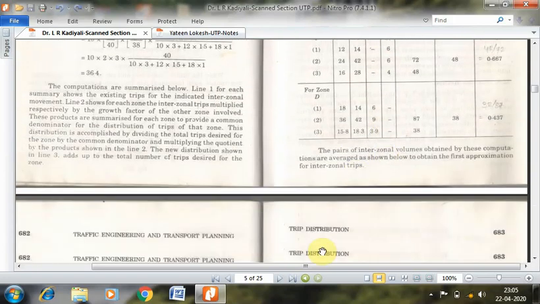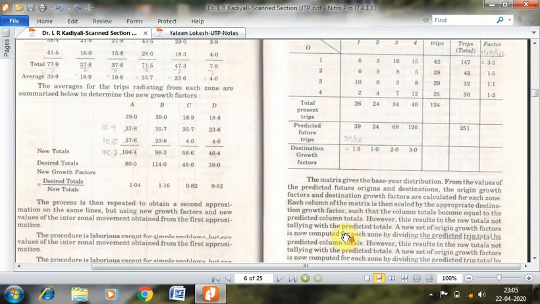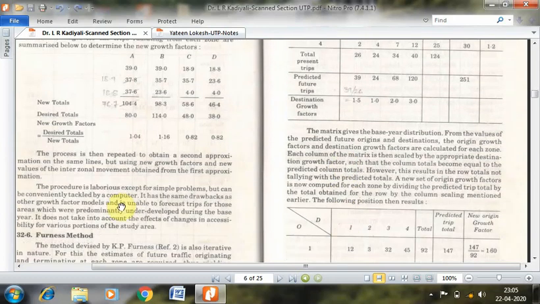Okay, so that's what you need to keep in your mind. So the procedure is very laborious, and it takes a very long time. You might have to make use of the computers, develop your own program to do the trip distribution using this technique. So that is the drawback what we have in this Fratar's method of trip distribution.